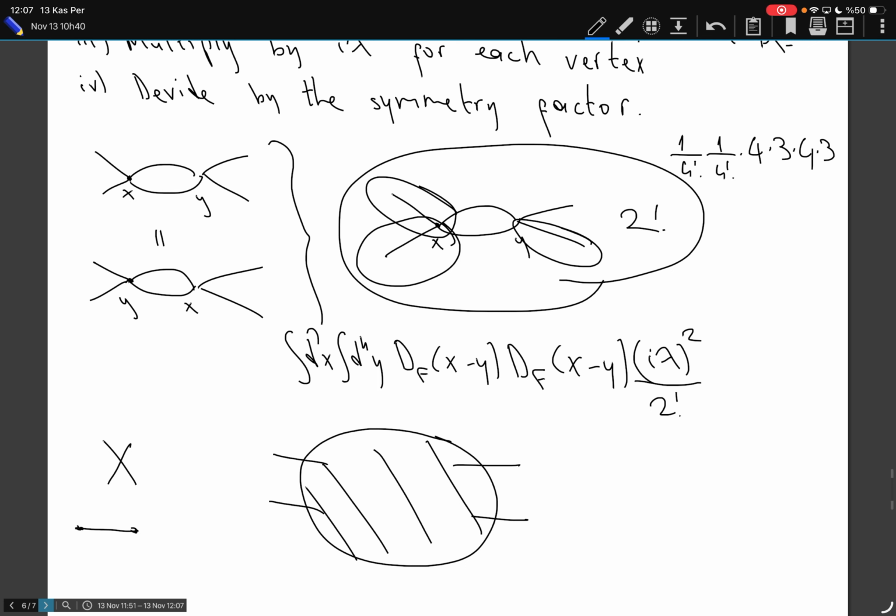So after I have all these contractions, at the point x I have 2 fields left, at the point y I have 2 fields left. Let me pick up any one of the fields at the point x. It can be connected to any of the 2 fields remaining at the point y. And the remaining fields have to be contracted with each other. So that's all. So this is 1/2.